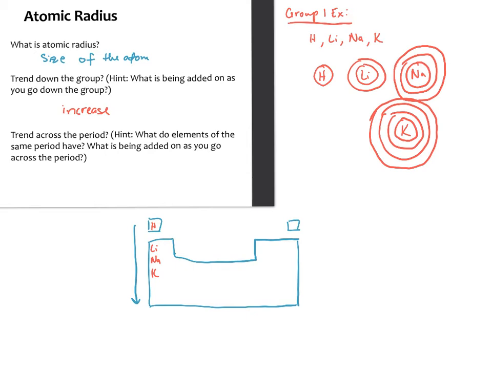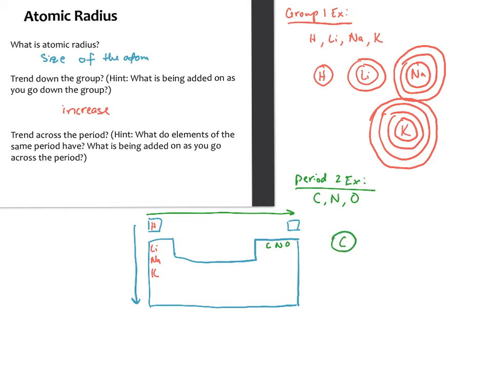Now, this is the trickier one, going across the period. For this example, we're going to use period 2. We're going to look at carbon, nitrogen, and oxygen as our example. Given that they're all in period 2, that means they all have 2 electron shells.